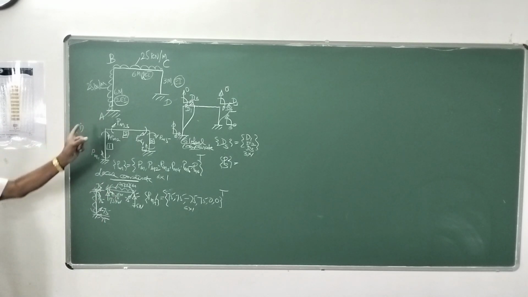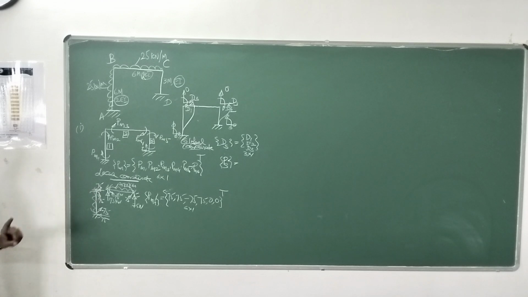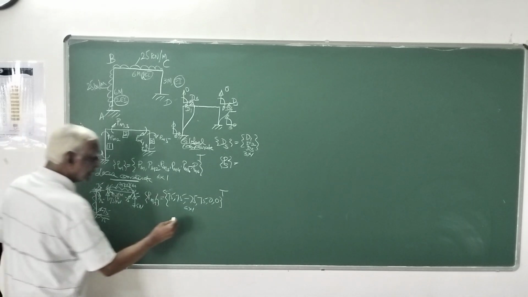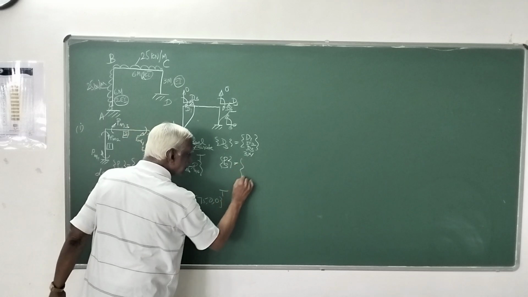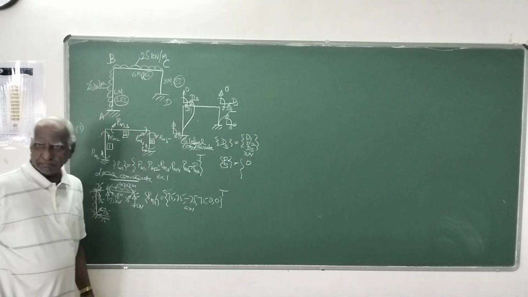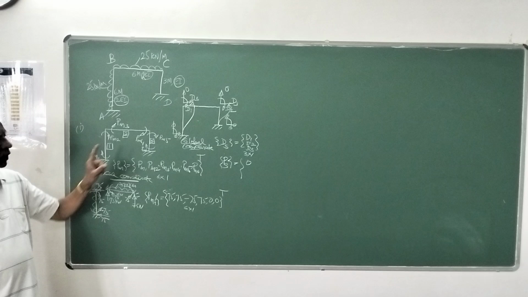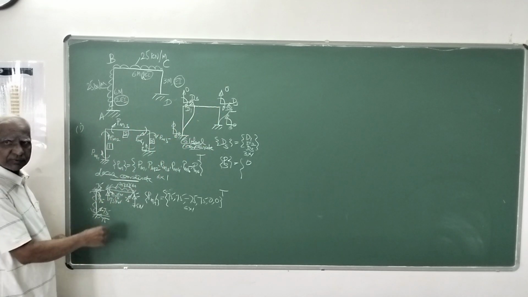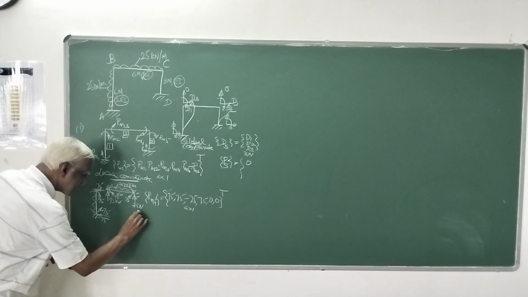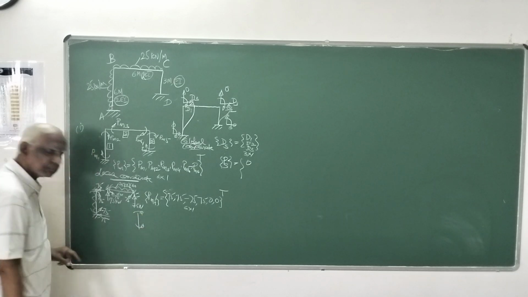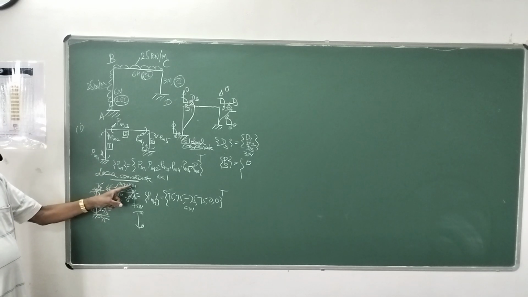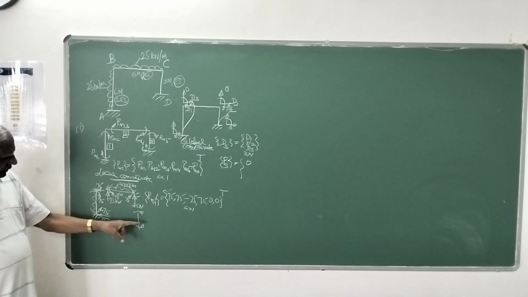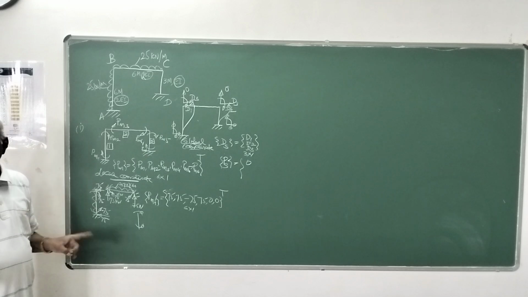So corresponding to D1, which is at the joint B, the total net force is 75 minus 75, so it is 0. Corresponding to D1, force is 0. Corresponding to D2, here fixed end action, of course, here it is 0, 0 in the other. So here it is plus 75, here it is 0, it is plus 75.